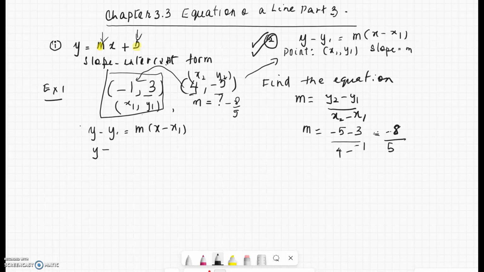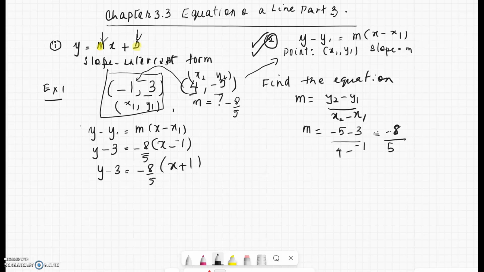So it's y minus y1, which is 3, equals -8 over 5 times x minus x1. So this is y minus 3 equals -8 over 5 times x plus 1. Minus -1, the negatives cancel.